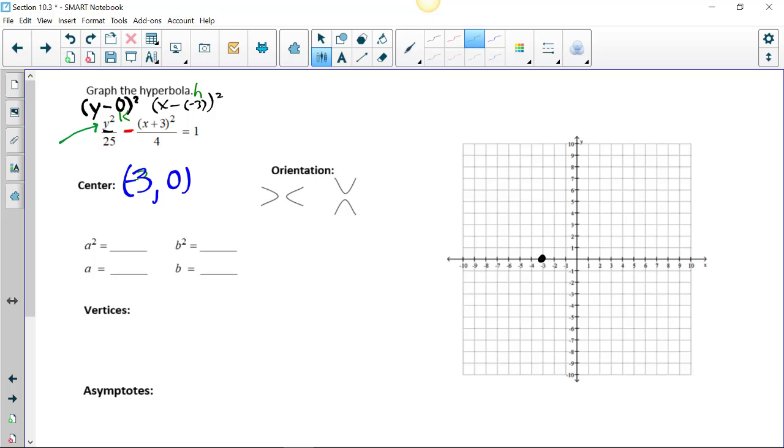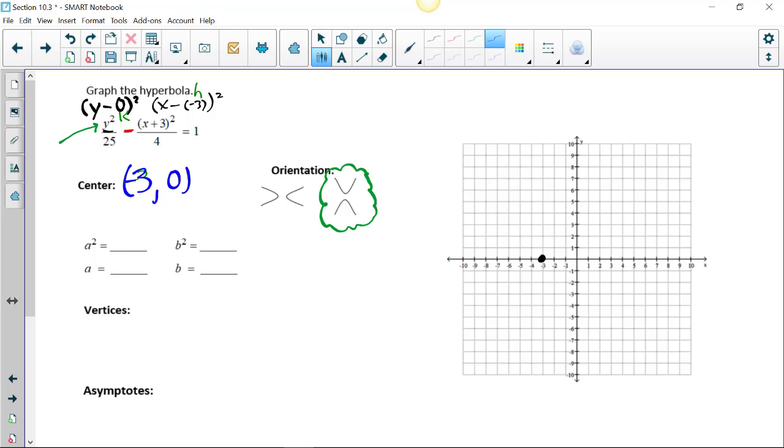The y is first, so that means the transverse axis is vertical like the y-axis, which means my curves open up and down. So I always recommend you draw a little picture for yourself so you remember which direction you're going and where your vertices are located, because these graphs can get quite busy.